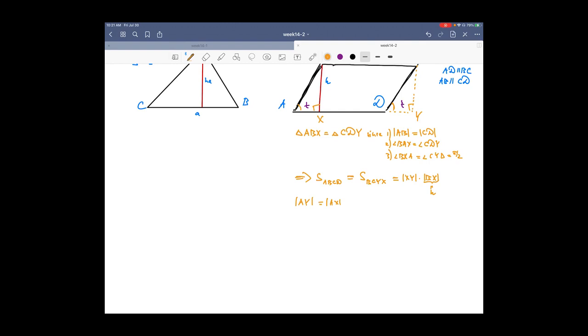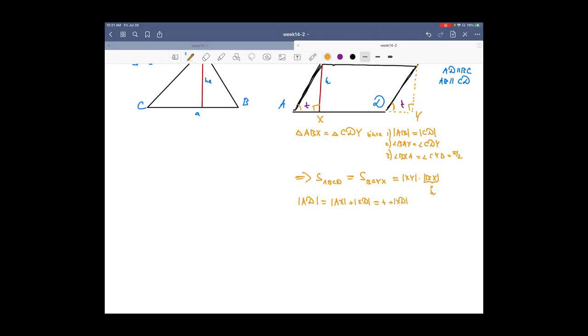All I need to explain is that, yes, AD equals AX plus XD, and AX is t.